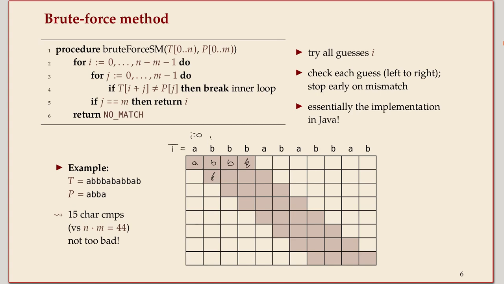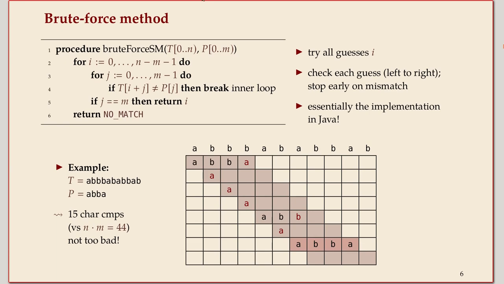I can immediately forget about I equals 1. At I equals 2, same thing happens. I equals 3, same thing happens because the first character in the pattern is A. So here again, I start comparing A, B, again a mismatch. Okay? You see how this works?